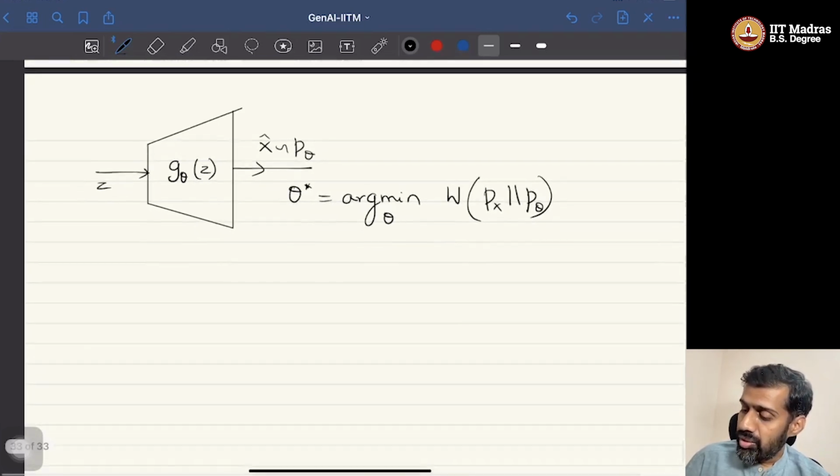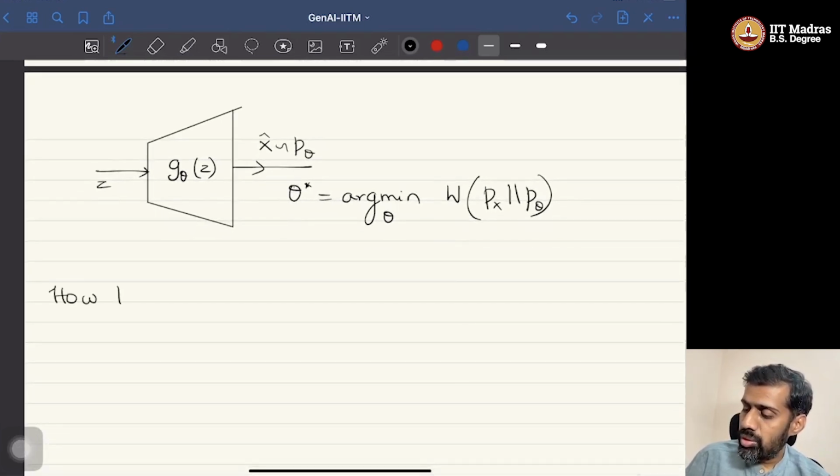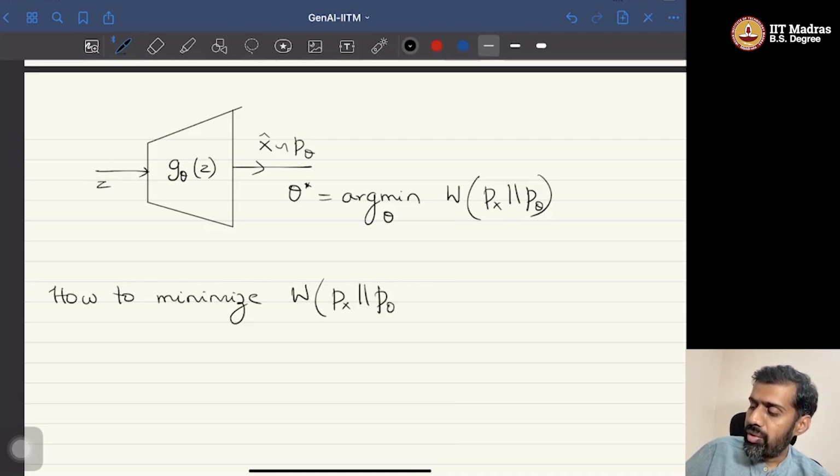Okay, so now the question is how to minimize Wasserstein's distance between a pair of distributions.